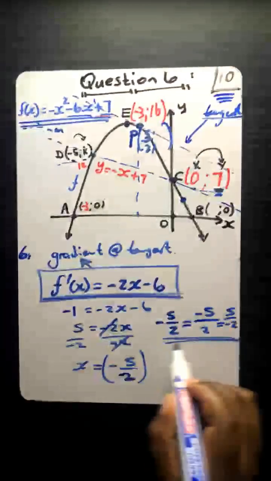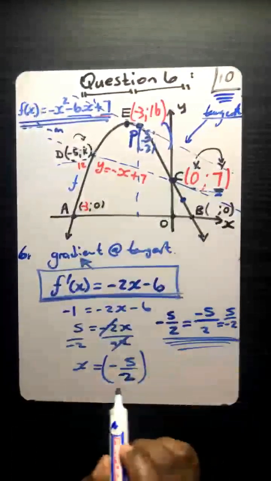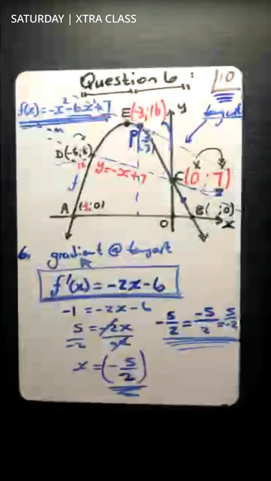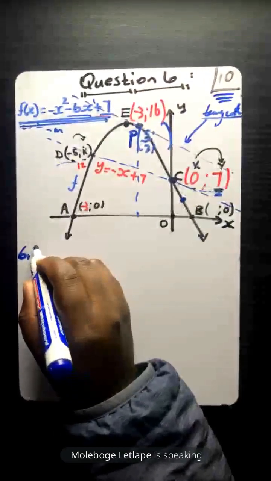So now when you take this and substitute it there to get the y value, what are you guys getting there? 63/4.